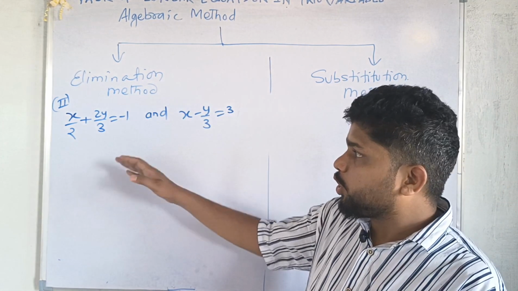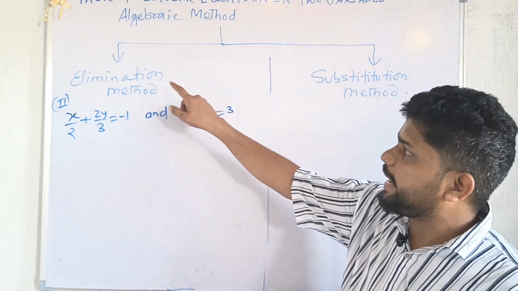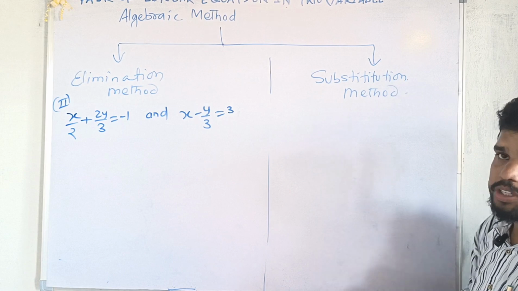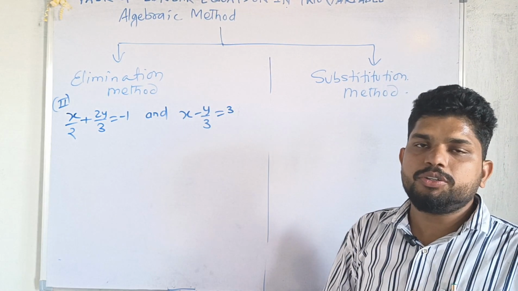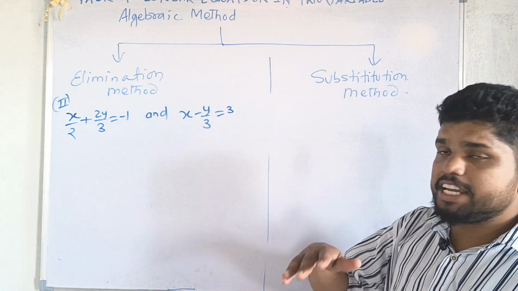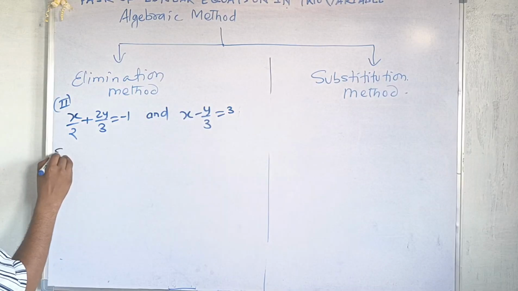Here you have to solve this pair of linear equations in two variables using both the elimination as well as the substitution method. You can either pause the video for a second and try on your own, otherwise I am solving. So just see.